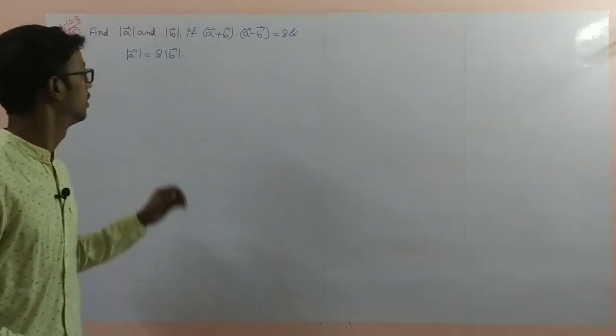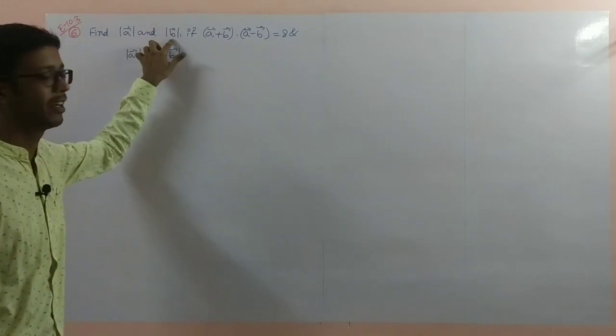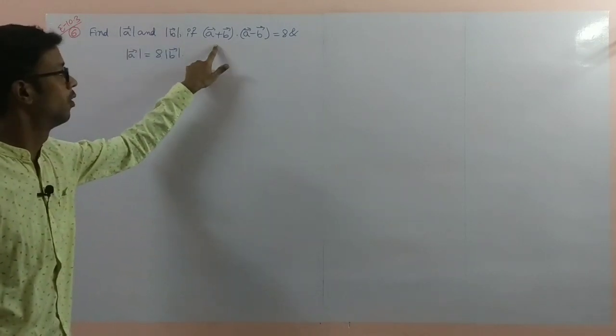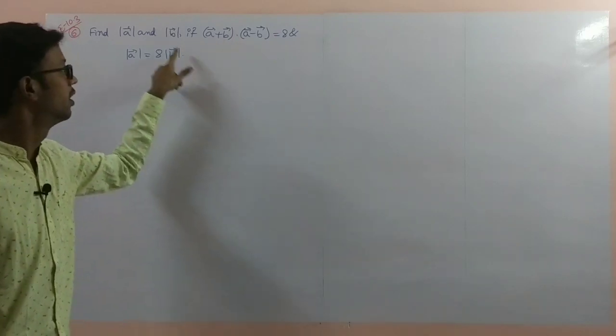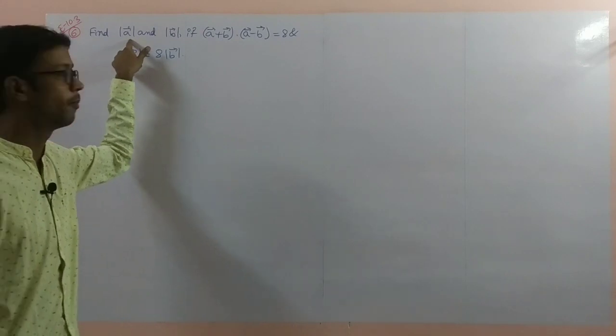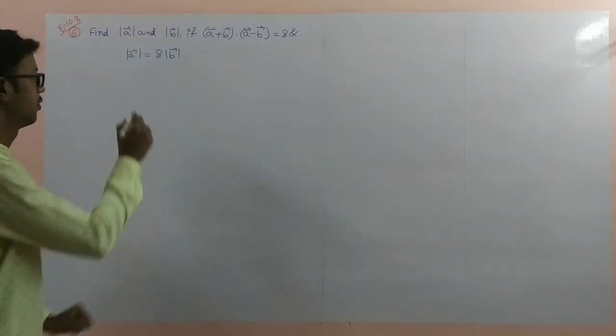Problem number 6. Find the magnitude of A bar and magnitude of B bar if two conditions are given. By using these two conditions, we have to find the magnitude of A bar and magnitude of B bar. First of all, we will take the given conditions here.